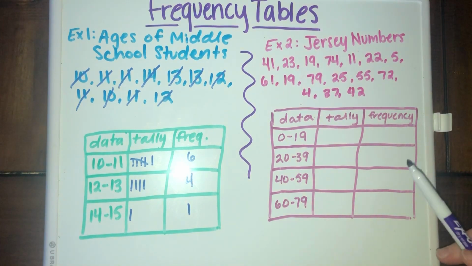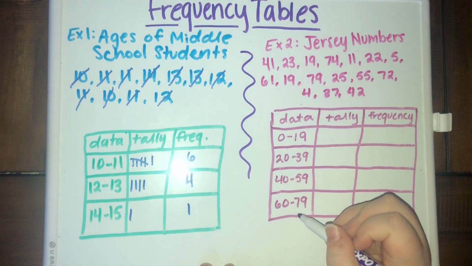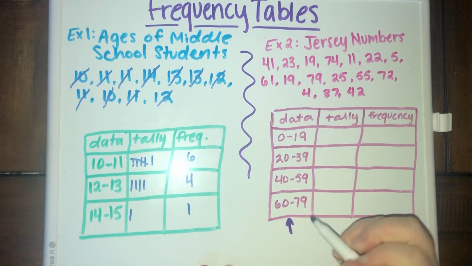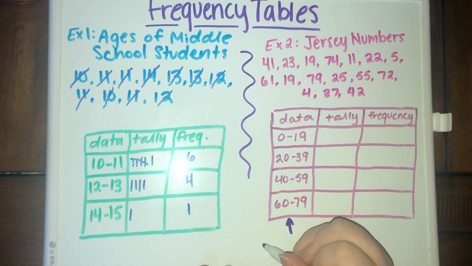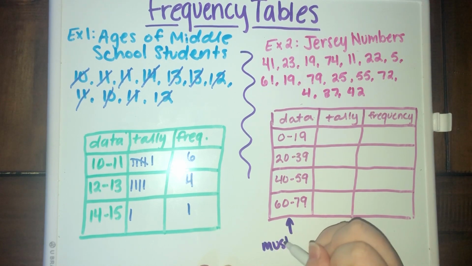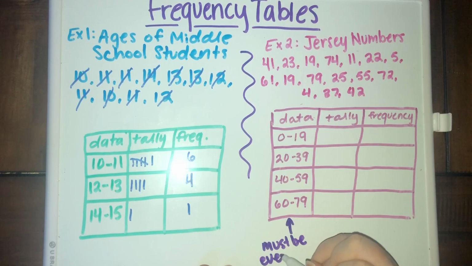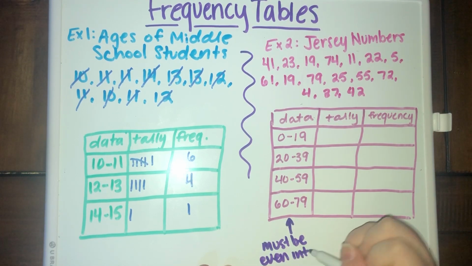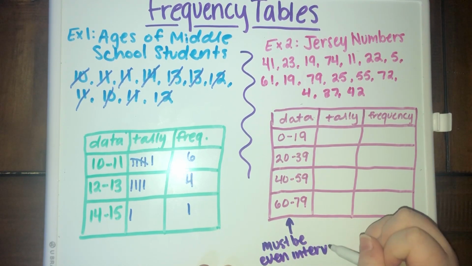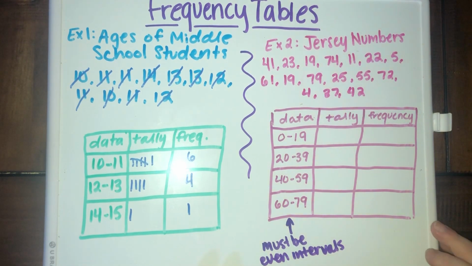Now remember, it's very important that your intervals, this little section, and I'll make a note of it, these sections have to be even intervals. And I don't mean even as in 2, 4, 6, 8.